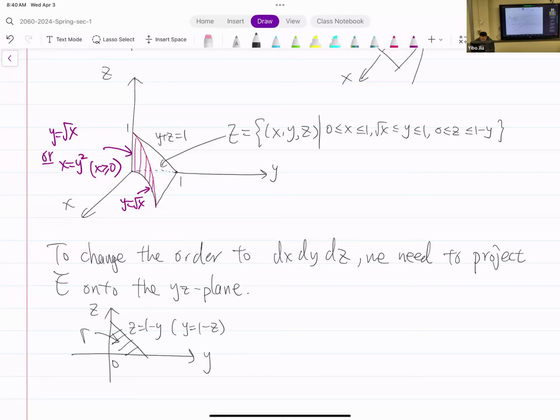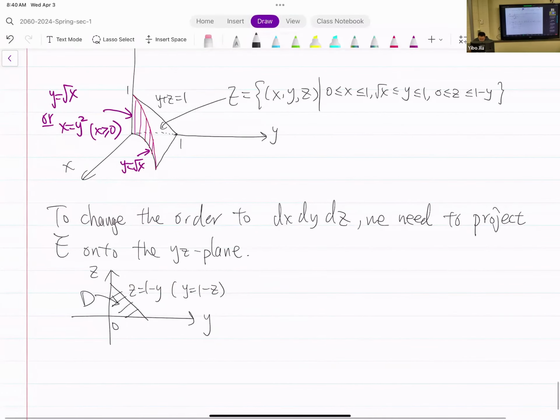So this is the region D if we want to project onto the yz plane. Okay. And then depending on whether you're using the vertical bars or horizontal bars to cover, that gives you the description for the region D. Okay, so let's see. So we were doing vertical bars. Okay, so now let's do a horizontal one.